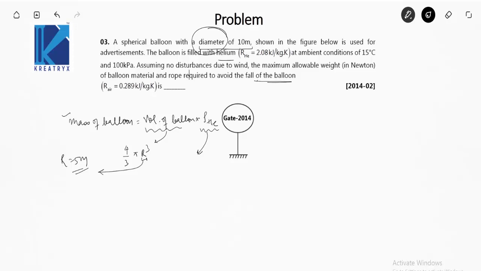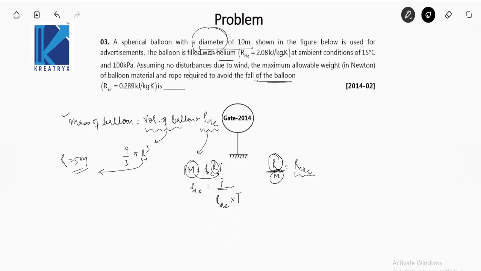How will you calculate the density of helium? We can apply the ideal gas equation, P is equal to rho R T. So rho helium is equal to P divided by R helium into T, where R helium is the universal gas constant divided by its molecular weight, which gives the characteristic gas constant, in this case for helium.